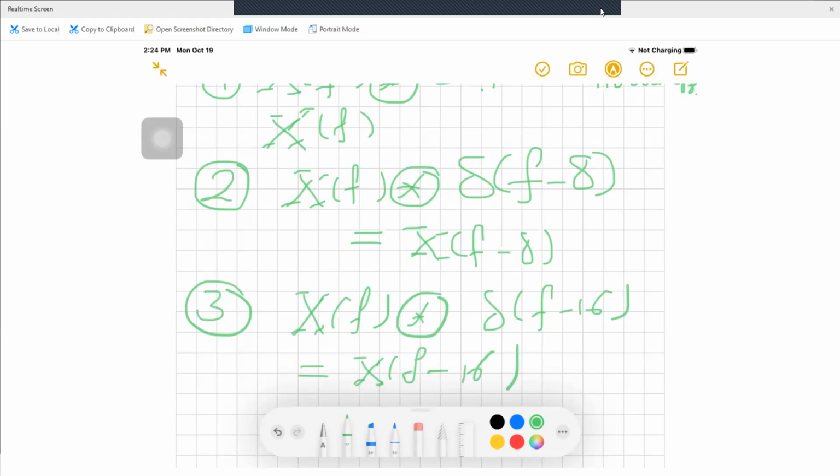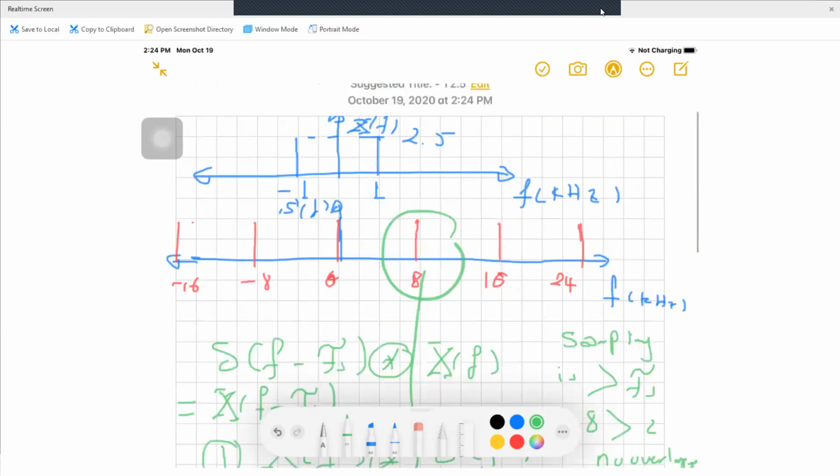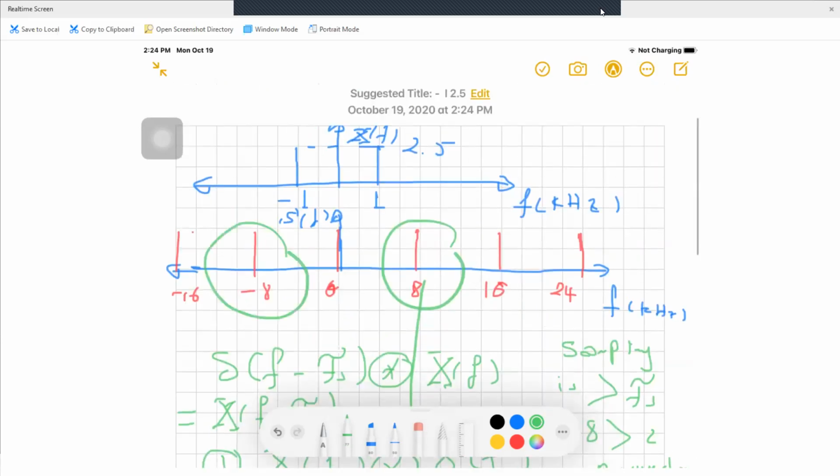Of course, we also have the effect of the negative components. We convolve X(f) with delta of f plus 8 and delta of f plus 16, giving X of f plus 8 and X of f plus 16.